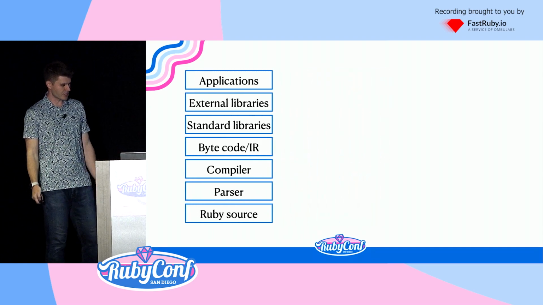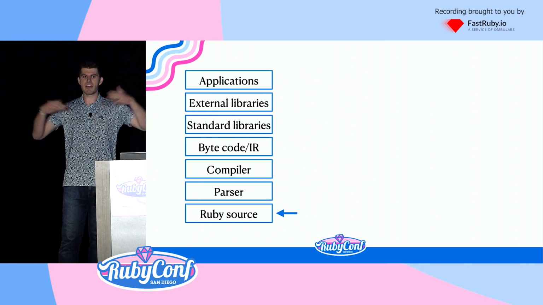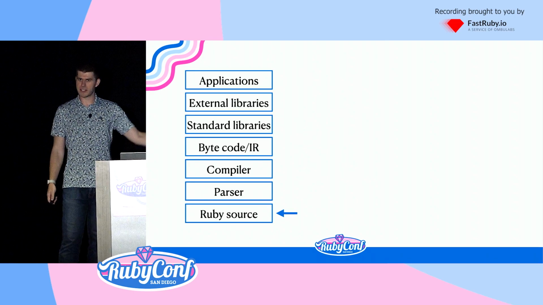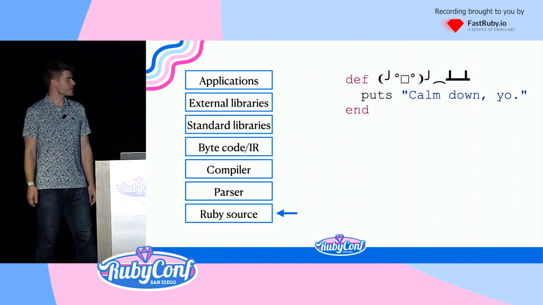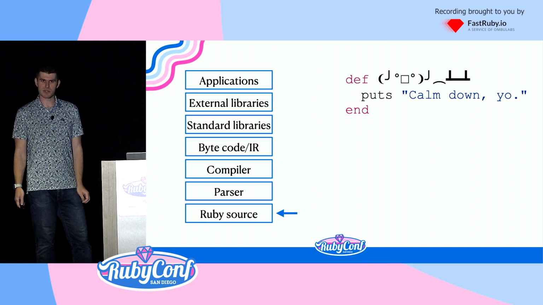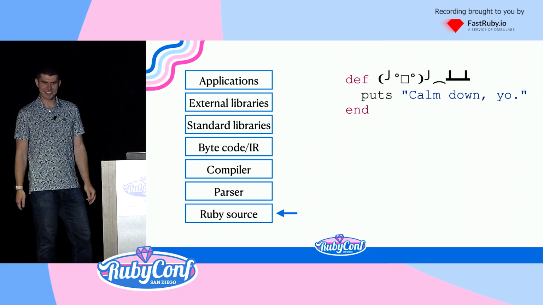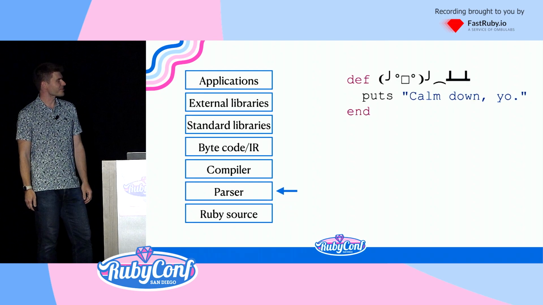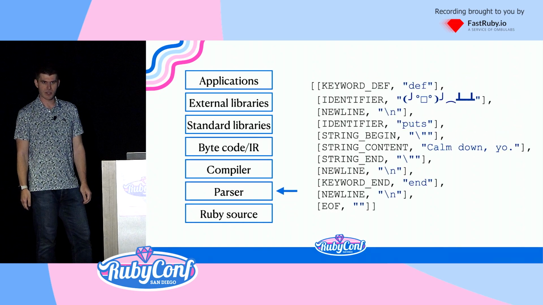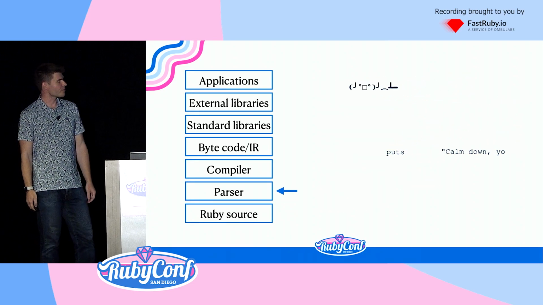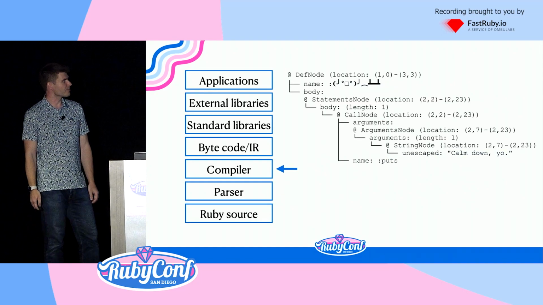Great. So let's do a very, very quick whirlwind tour of what this means. You start with your Ruby source. This is Ruby source that comes from Sidekiq. You can call this method in Sidekiq. The parser will parse this into a set of tokens. That's the lexer's job. It then parses it into an abstract syntax tree. The compiler then takes this and walks through the tree to build our instructions.